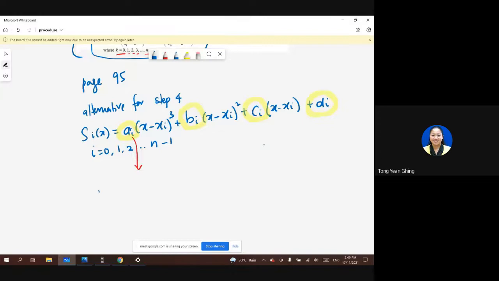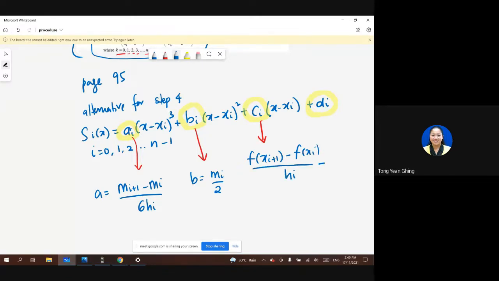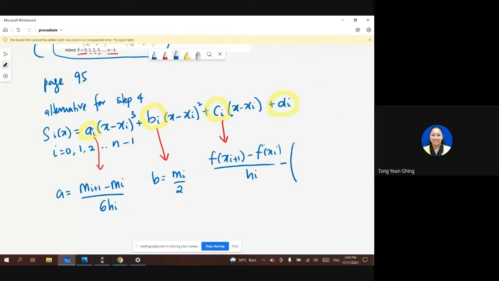Here, a is m_i plus 1 minus m_i divided by 6h_i, and b is m_i divided by 2. c is f(x_i plus 1) minus f(x_i) divided by h_i, minus (2h_i m_i plus h_i m_i plus 1) divided by 6.